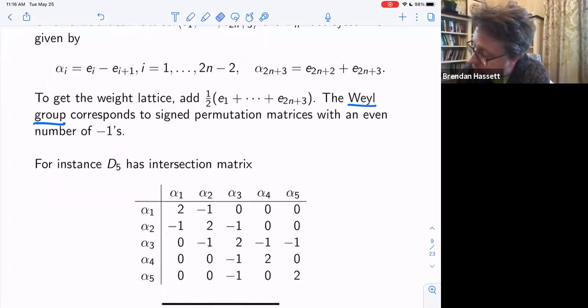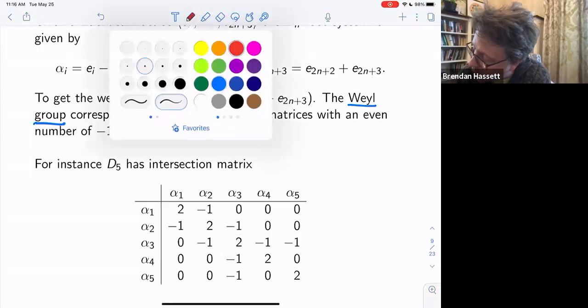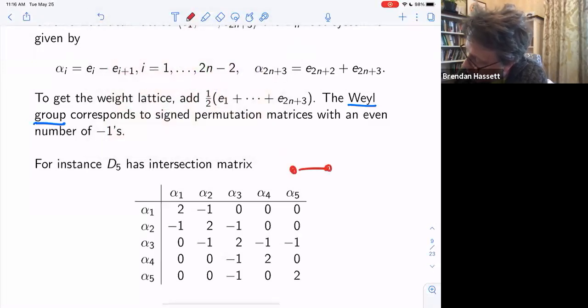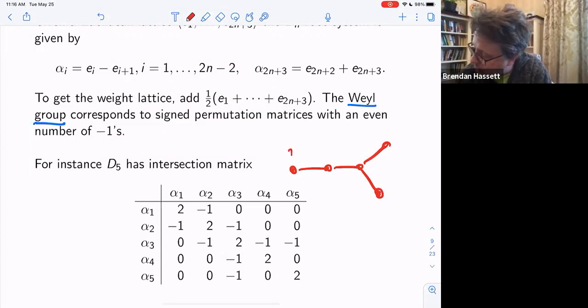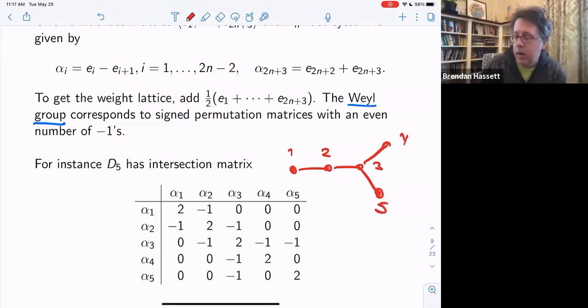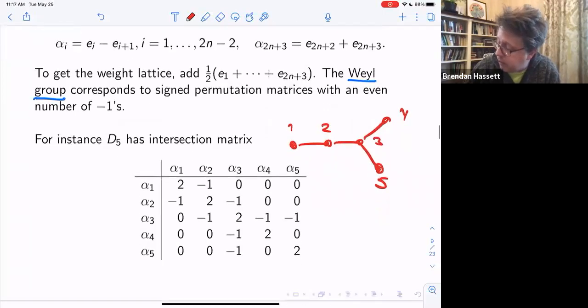If I did it correctly, this should be the intersection matrix associated with the root system of this kind. So I think this is 1, 2, 3, 4, 5. We're going to think of the cohomology of our complete intersections as carrying this structure, because it gives us a way of understanding the possible Galois symmetries.